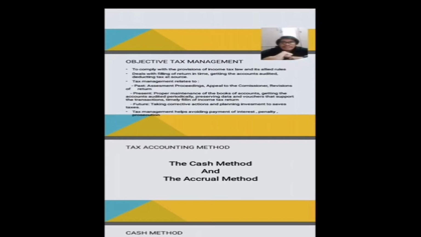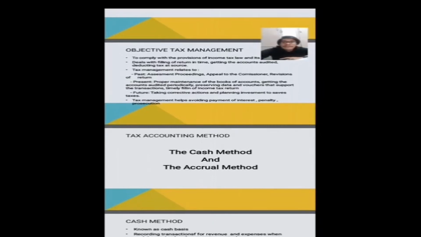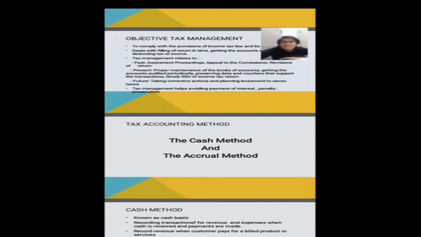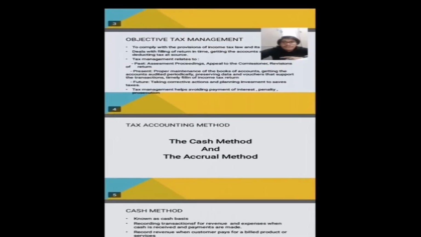For the present, it must have proper maintenance of the books of accounts, getting accounts audited periodically, preserving data and vouchers that support the transactions, and timely filing of income tax return. For the future, it must be taking corrective actions and planning investment to save tax. Tax management helps avoid payment of interest, penalty and prosecution.